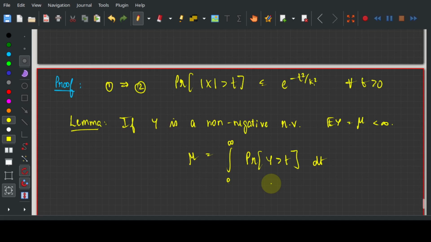Agreed. And you can get it using a similar approach: you can write x itself as an integral, integral t from 0 to x dt. If you just take that and change the order of integration, it turns out that you'll get this. So I leave that as an exercise.